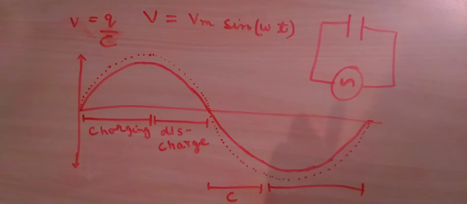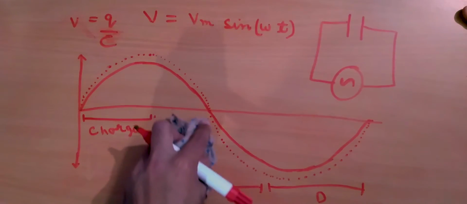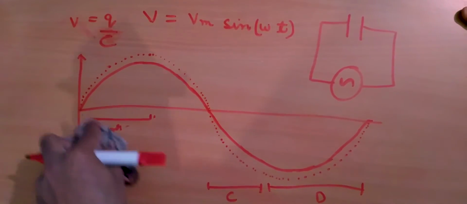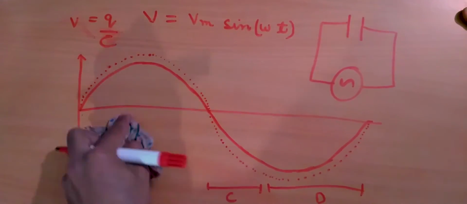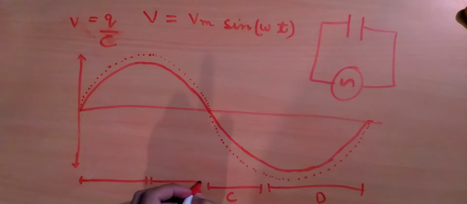I'll use the C for charge and D for discharge, and I hope that all fits. And just to make a bit of space, I think I should shift all this downwards because I now need to fit in the current also. So in this section I get charging, in this section I get discharging, D discharging, C charging, right?